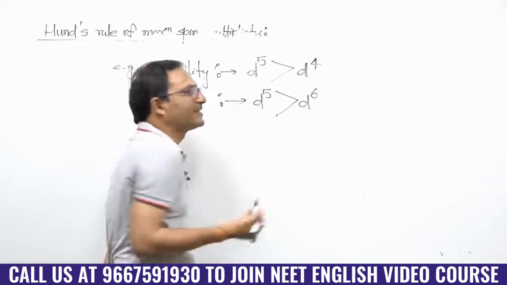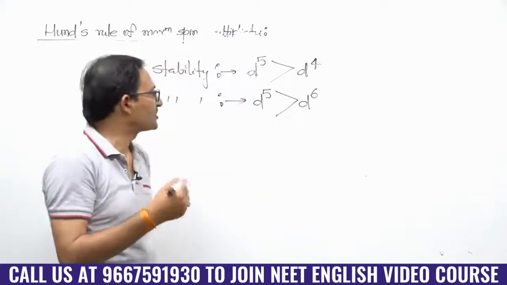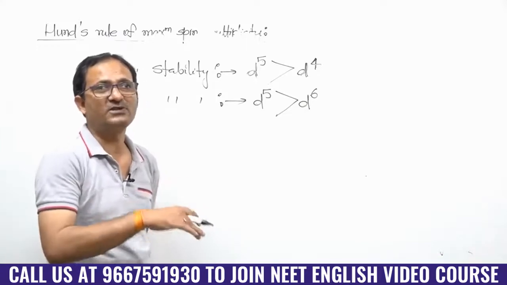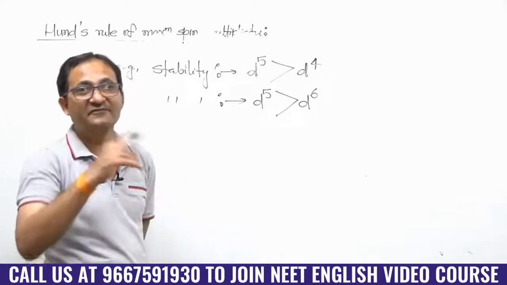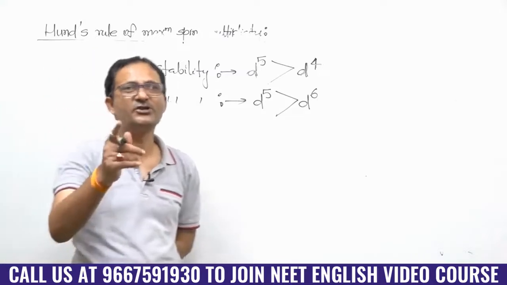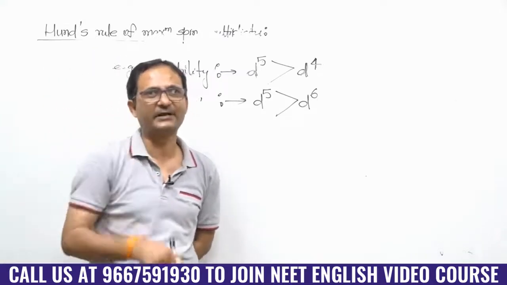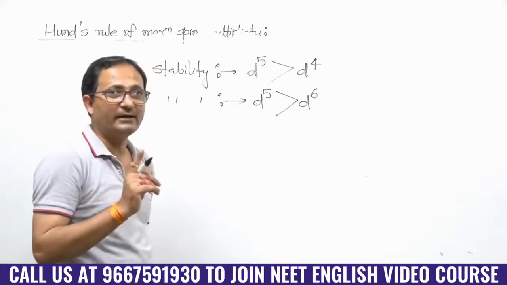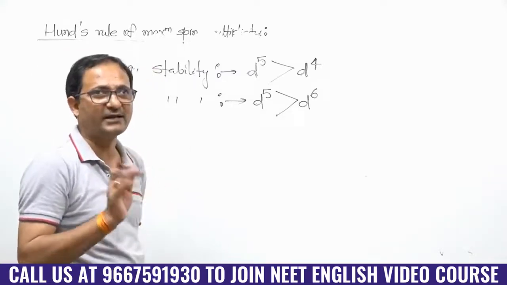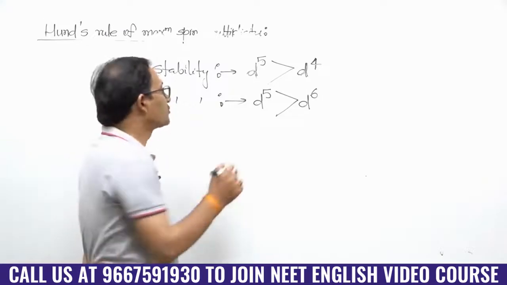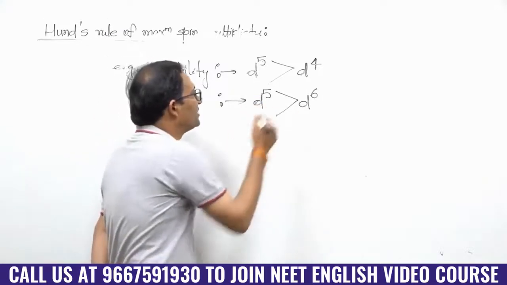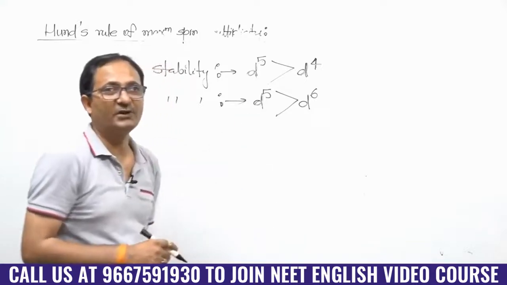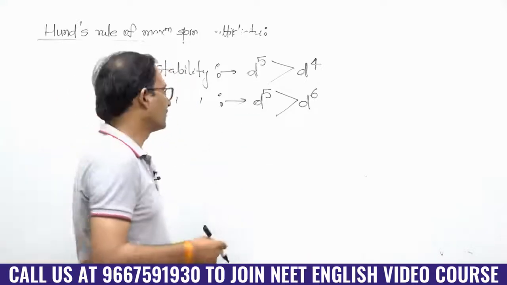For two same subshells with different numbers of electrons, don't use the concept of spin multiplicity. Then the only explanation left is symmetry. So you can say D5 is more stable than D6 because D5 is half filled, so it has symmetry, right?